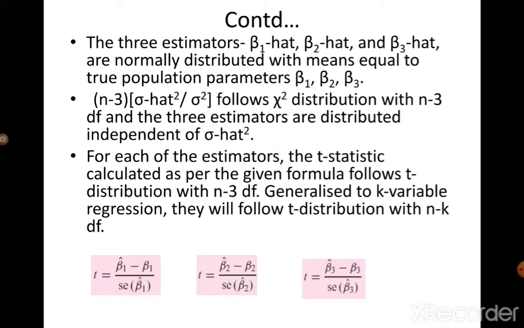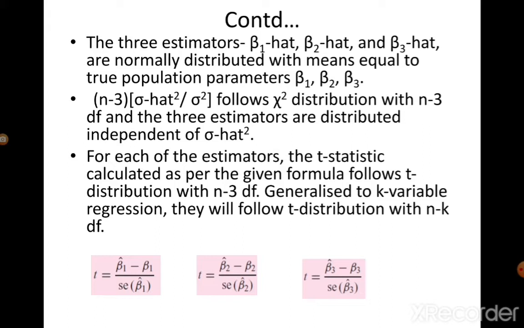The mean of these estimators will be the true population parameters beta 1, beta 2, beta 3. Remember, we are saying that these are unbiased estimators. The meaning of an unbiased estimator is that the mean of the estimator, say beta 1 hat, when calculated for several samples from the same population, will be equal to the actual true population parameter beta 1.